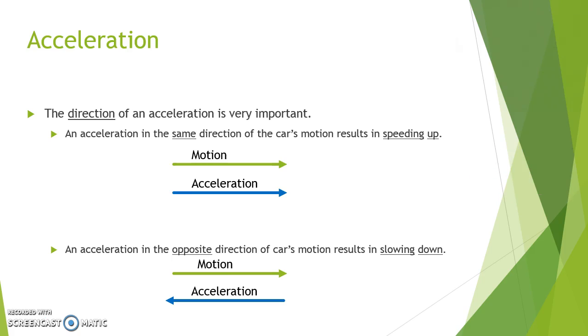An acceleration in the opposite direction of the car's motion results in a slowing down. So if you have a car that's moving forward and the driver steps on the brake pedal, the car will slow down. That's really important to watch for, and negative signs in the problems are very important to make sure you include them.